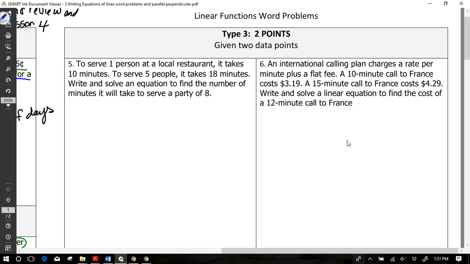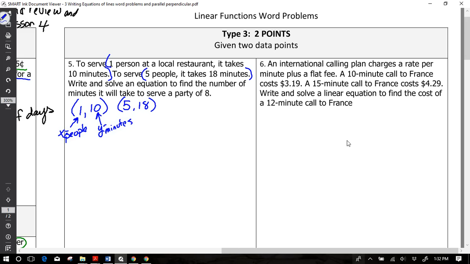So that is 1 comma 10, where X represents people and Y represents minutes. All right. To serve 5 people, it takes 18 minutes.